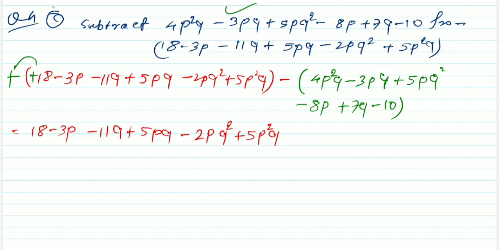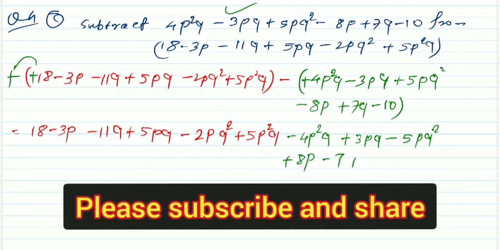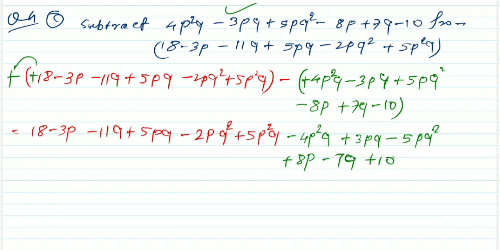Now we change the sign of all the terms in the second bracket. Here it was plus, it becomes minus 4p square q, minus becomes plus 3pq, plus 5pq square becomes minus 5pq square, minus 8p becomes plus 8p, plus 7q becomes minus 7q, and minus 10 becomes plus 10.